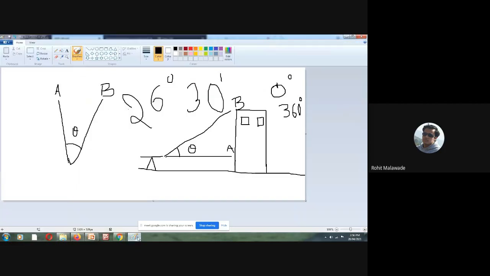Whatever points A and B are there on the ground, if I want to measure the horizontal angle between them, I can measure it with that particular instrument. I can measure the horizontal angle between A and B, as well as the vertical angle between the points A and B of the building. So I can measure both the horizontal and the vertical angle by using the instrument called a theodolite.